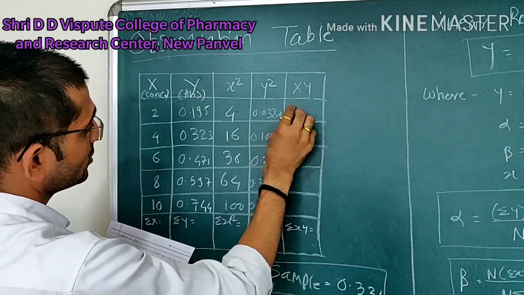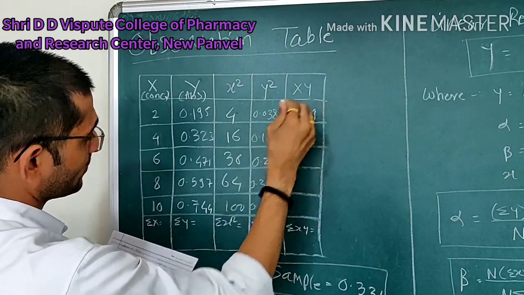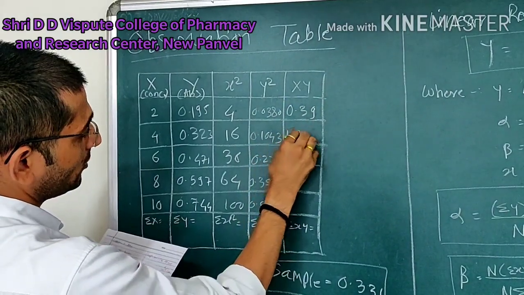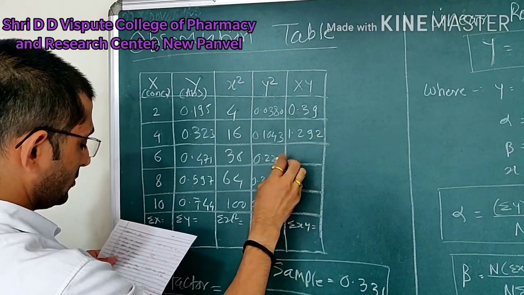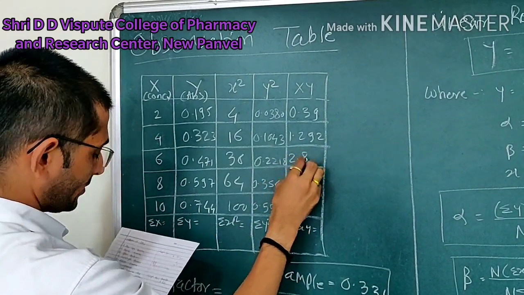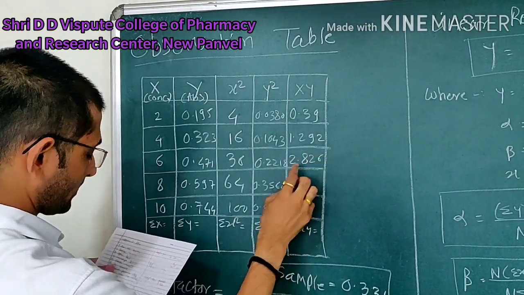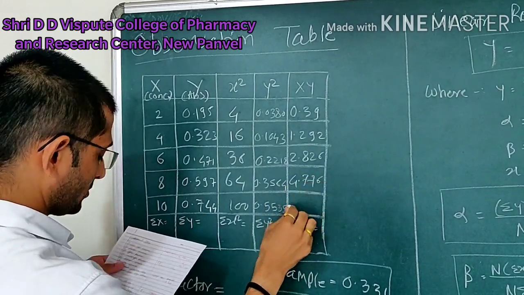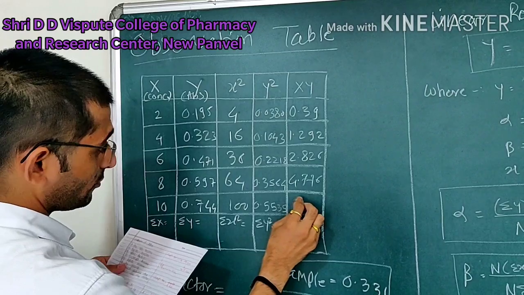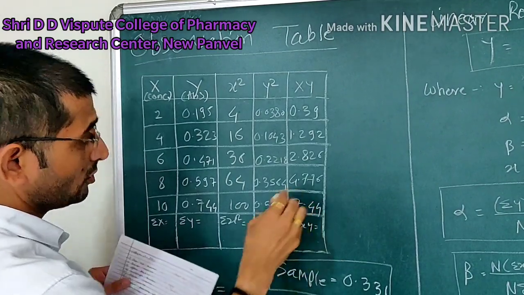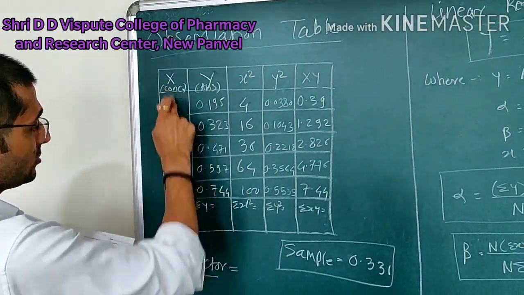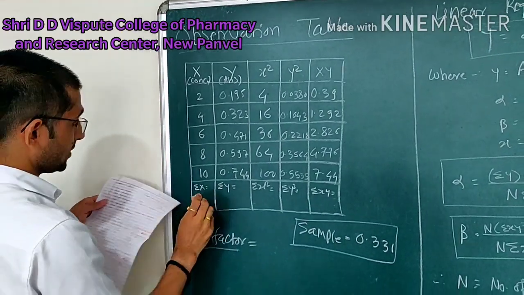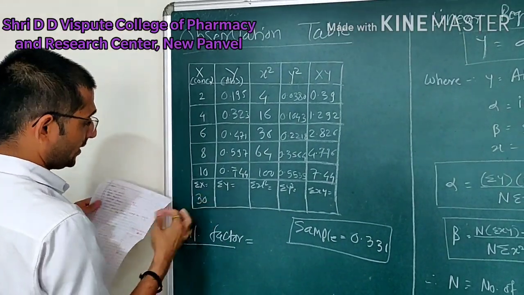Then x into y. The values are 0.39, 1.292, 2.826, 4.776, 7.44. So complete the table. Summation of x is equal to 30.